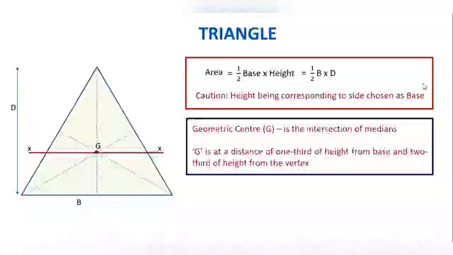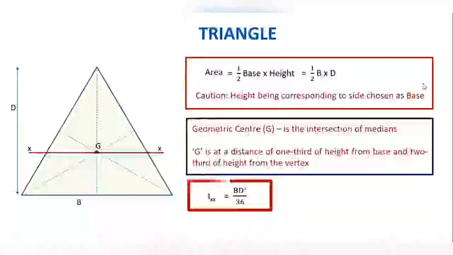It is passing through G and parallel to base B. XX is an axis passing through the centroid and parallel to base B. And the formula for moment of inertia about this is BD cube upon 36. B is the base, D is the height, BD cube upon 36 is the formula.